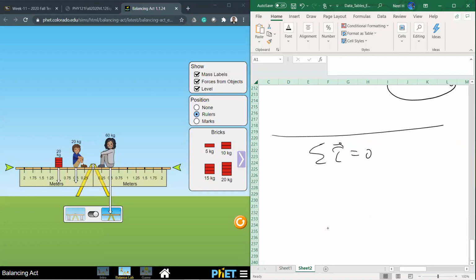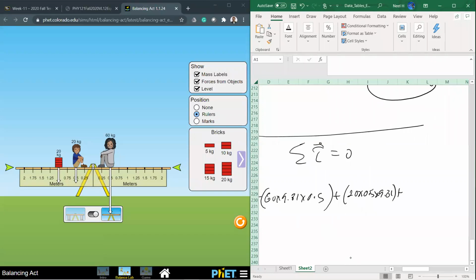Which means I have negative torque coming from the larger person, right? On your right-hand side, the clockwise torque should be 60 times 9.81 times 0.5. And then you have positive torque coming from 20 times 0.5 times 9.81, plus another positive torque coming from the 20 kilogram object, 20 times 9.81 times 1.